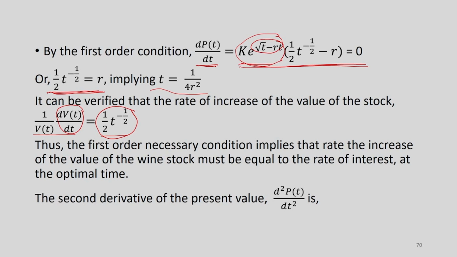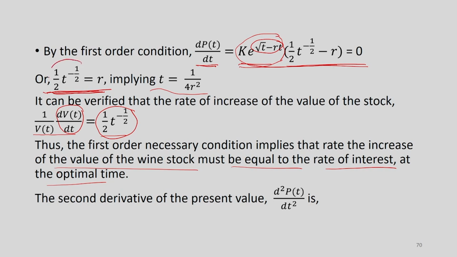Now, the first order condition implies that the rate of increase of the value of the wine stock must be equal to the rate of interest at the optimal time. On the left hand side, you have the rate at which the value of the stock is increasing with time, because as time goes by, the stock is rising in value because the wine is maturing.